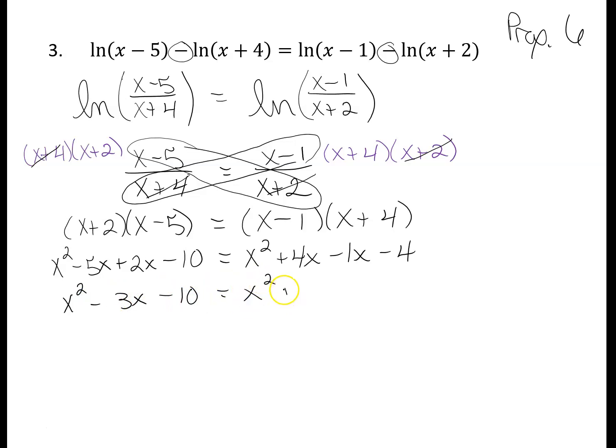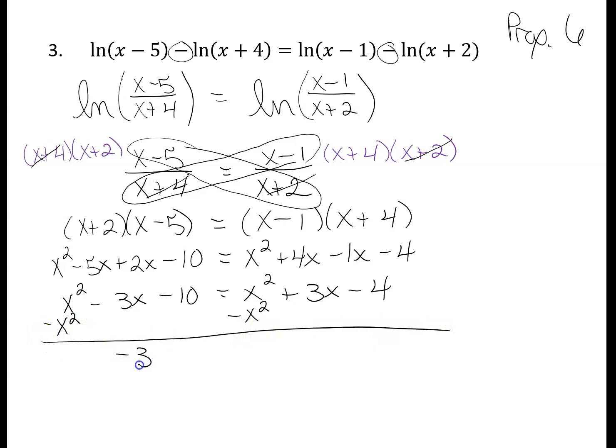And we do have an x squared in our equation, which makes it quadratic. However, since it's the same coefficient on both sides, if we were to just subtract x squared, we wouldn't even have that term anymore. It would just turn into a linear equation.